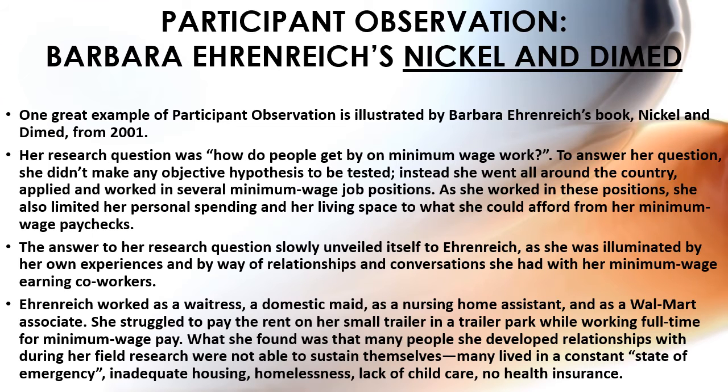To answer her question, she didn't make any objective hypothesis to be tested. Instead, she went all around the country, applied and worked in several minimum wage job positions. As she worked in these minimum wage jobs, she also limited her personal spending and her living space to what she could afford just from her minimum wage paychecks.